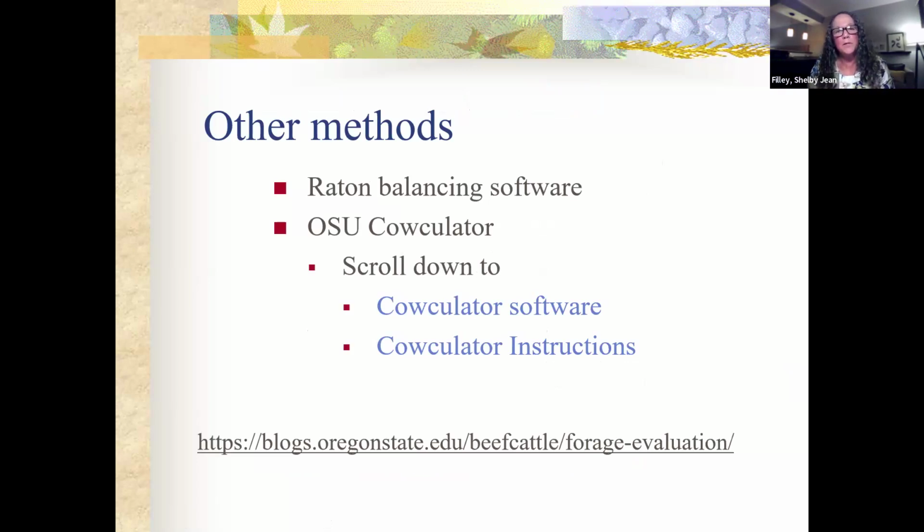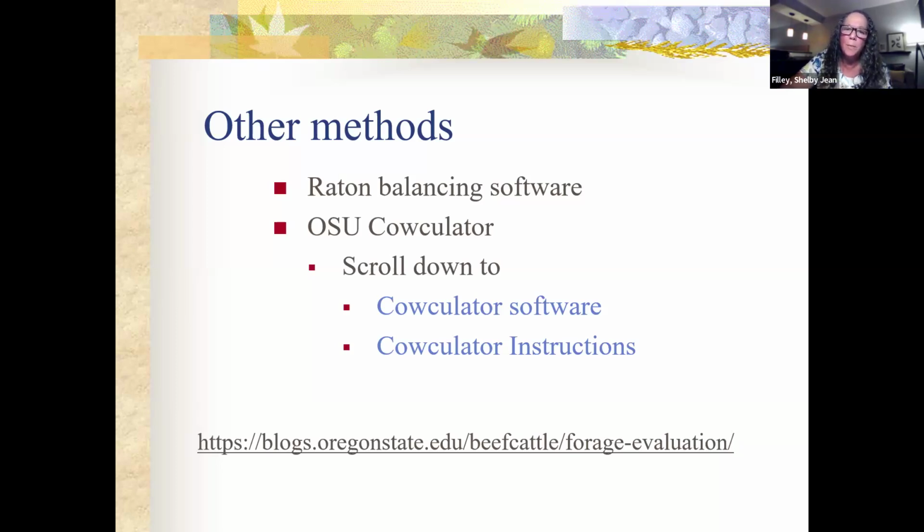I like using the Pearson square and working through the requirements and the feed values by hand using that workbook, because then it seals in your brain what it is you're trying to do. And then when you use the calculator, then you're more likely to get a proper ration and be able to make that ration balancing software work for you if you understand the basics of what it's trying to do.